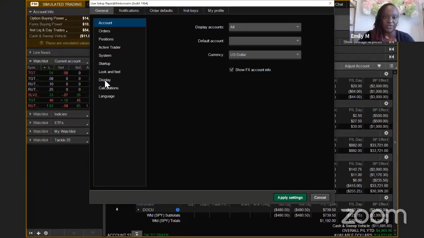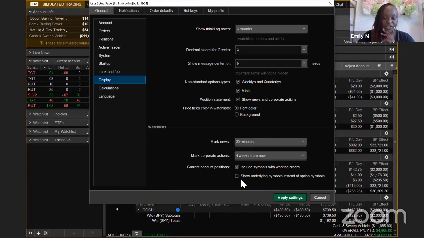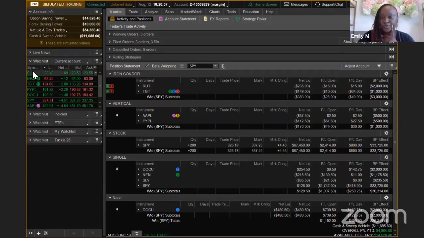Under general, go down to display and check the box at the bottom that says show underlying symbols instead of option symbols. Once you click that and hit apply settings, it will change these to the actual stock symbol, so that when you toggle over from one tab to the next, you're good.